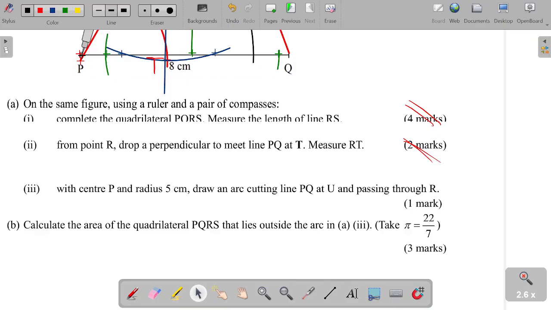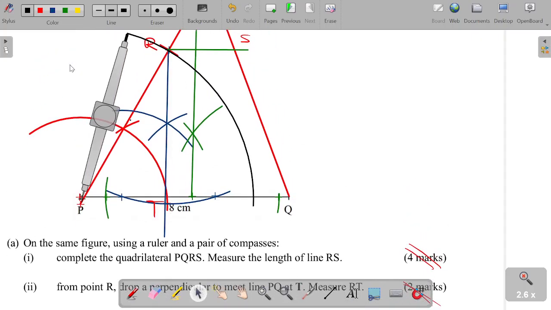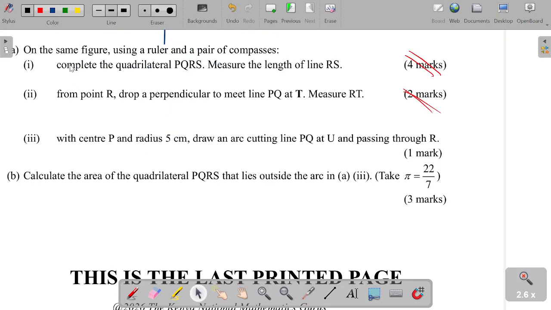Then you are now being told, calculate the area of quadrilateral PQRS that lies outside the arc in Roman 3. The area of the quadrilateral that lies outside the arc, that is simple. To do that computation, we are going to have a half times a plus a half times 8 plus 3.9.